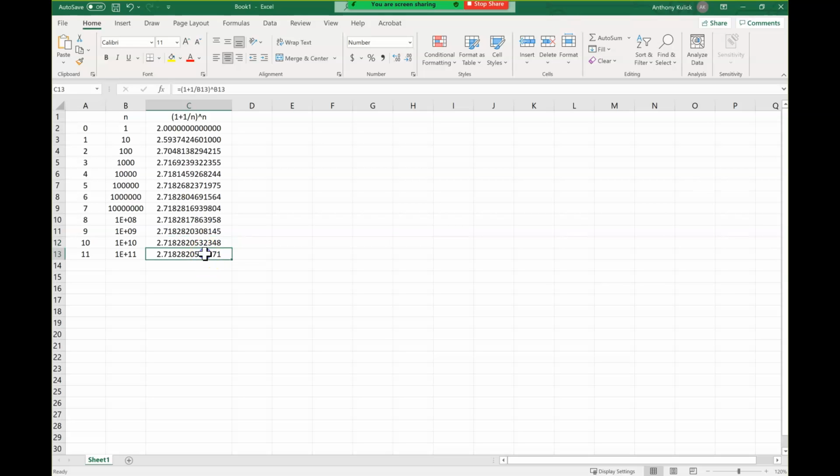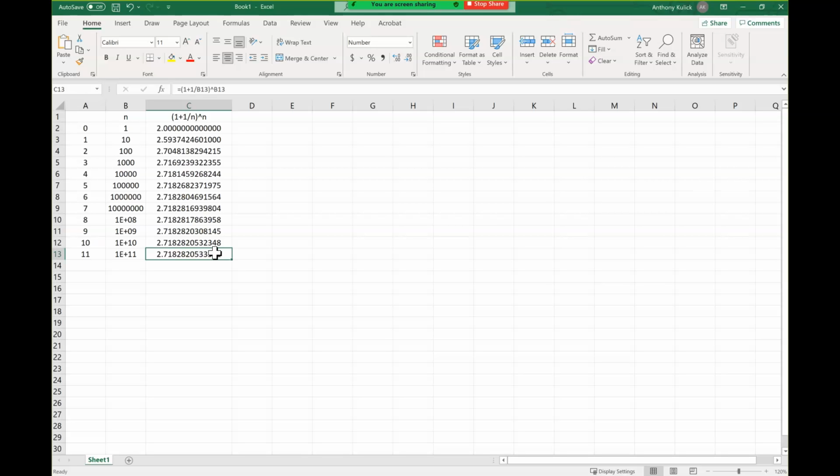So, how many decimal places do you think this number is going to have? Infinite. Very good. Because as you pick a bigger and bigger value of n, which you can do forever, you're going to get more decimal places that remain the same, but you can always pick a bigger n, so you can always find more decimal places.